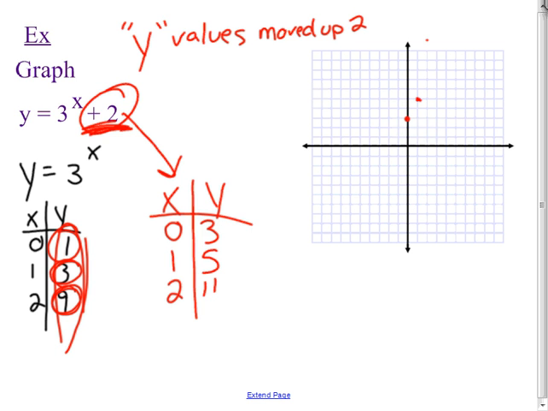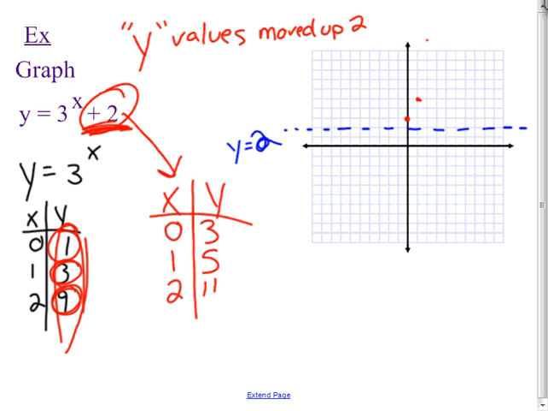That horizontal asymptote is the equation y equals 0. All of my y values moved up 2. Therefore, the horizontal asymptote that used to be y equals 0 is now 2. It moves up 2 units, because every y value physically moves up 2.